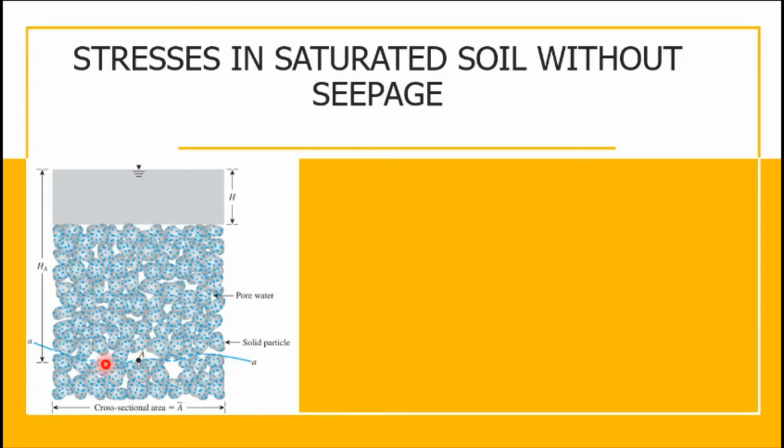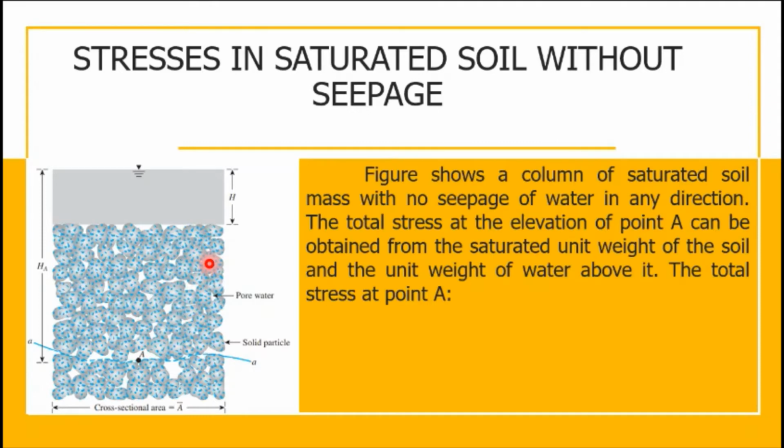And below is the soil profile. The figure shows a column of saturated soil mass with no seepage of water in any direction. The total stress at the elevation of point A can be obtained from the saturated unit weight of the soil and the unit weight of water above it.